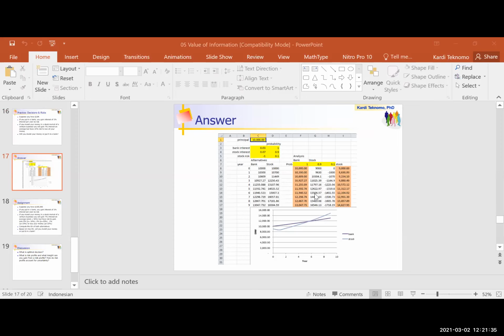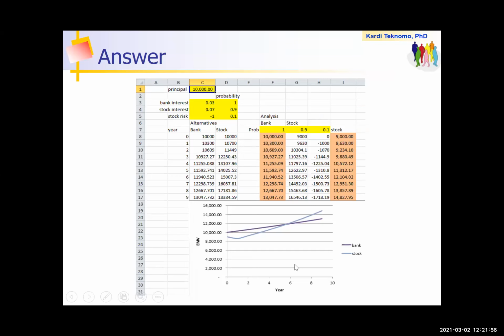So then you can calculate. But in here, you calculate over time. You know how to compute this, right? The future value, okay. You know the formula?